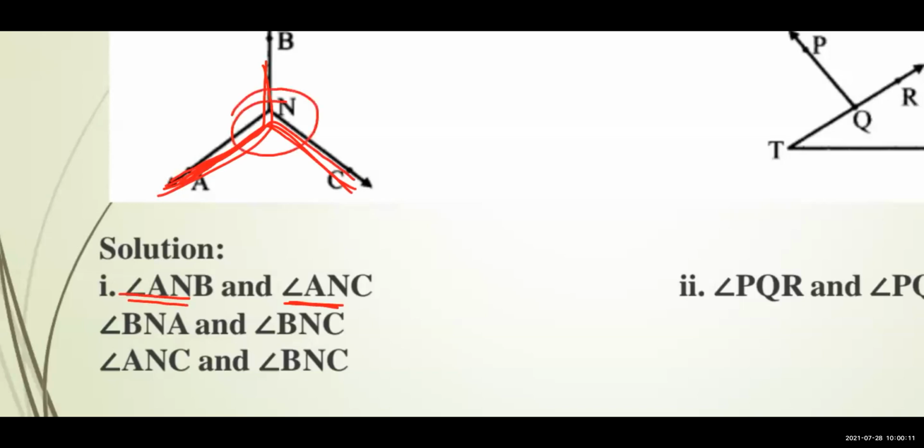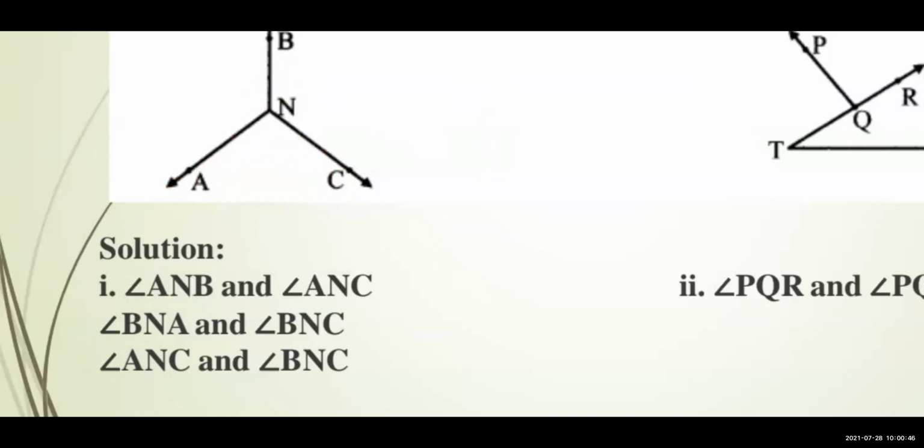N is your common vertex and also a separate interior. So in this way, see, AN has repeated. So this is our common arm. N is our vertex and having a separate interior. So our first pair is angle ANB and angle ANC.